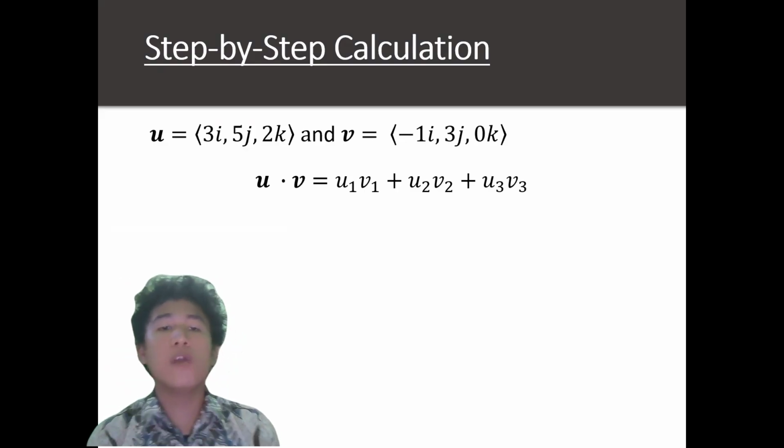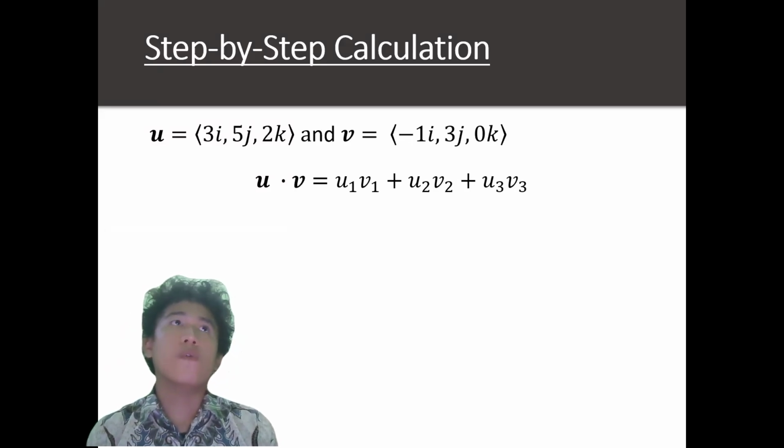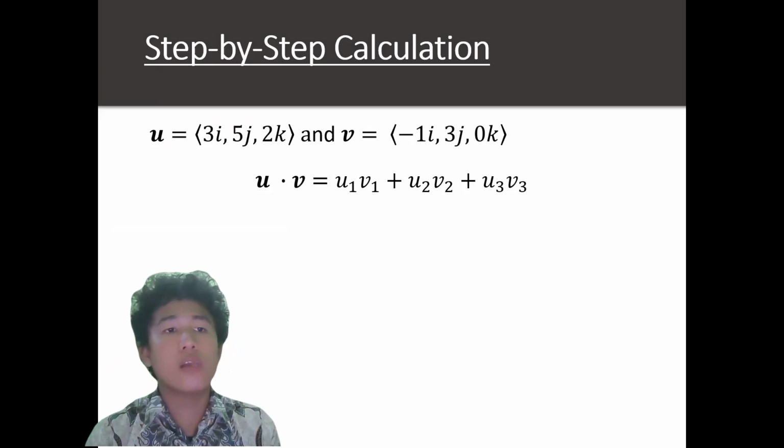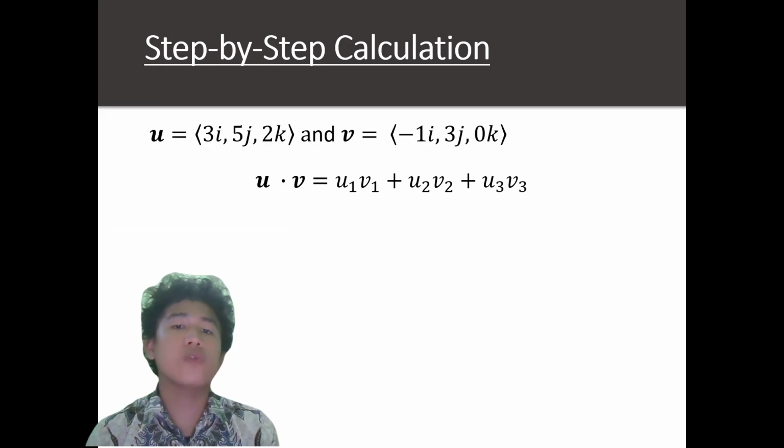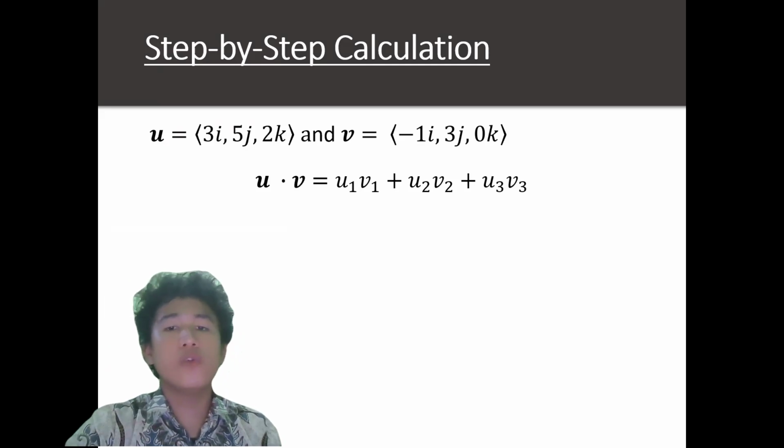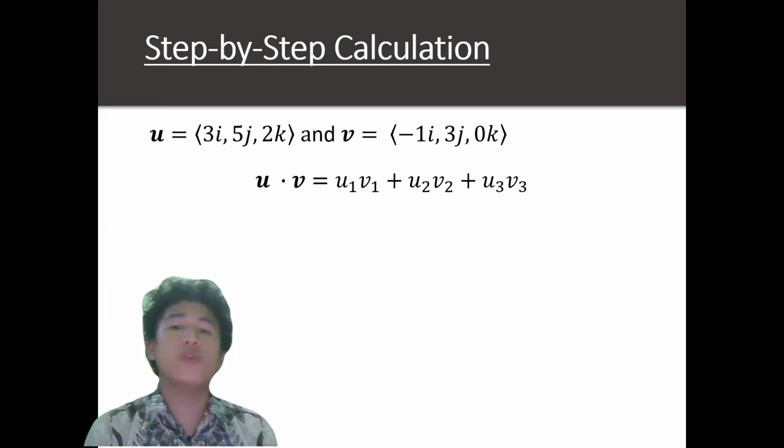So the formula we can write as vector u dot vector v equals u1 times v1 plus u2 times v2 plus u3 times v3.